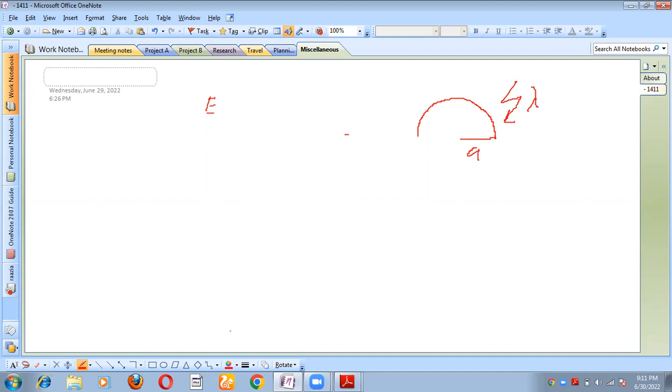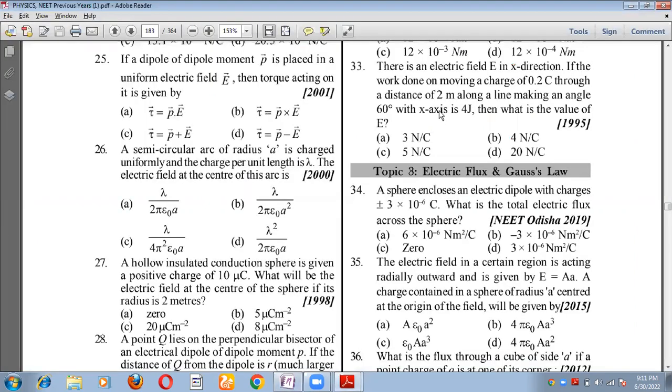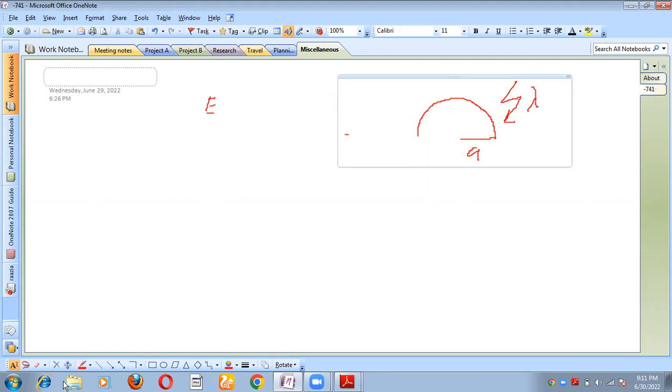Its radius is A and the charge per unit length is lambda. Then we need the electric field at its center. So we have to find the electric field at the center of the arc.